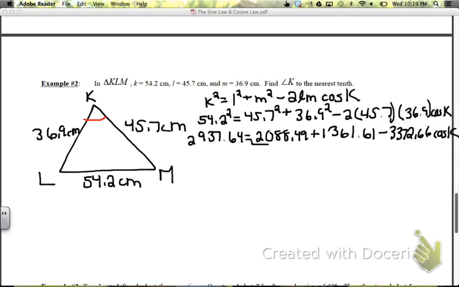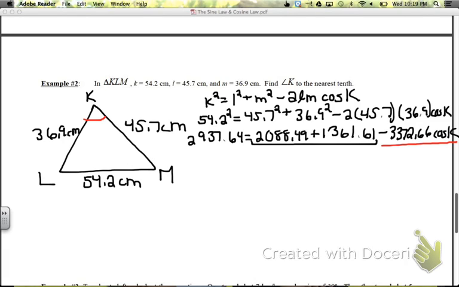So what you can do is you can add this up and then move it over to our left hand side. Because one thing to remember, this is one term. You can't subtract the 3,372.66 from our other terms because it has a cos K. It's not a like term. Please don't mess that up.